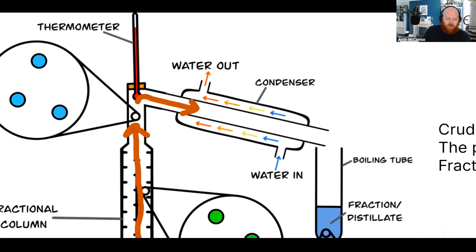And you actually have to draw an arrow going in at the bottom and say water in, and you have to draw an arrow going out the top and say water out through the top. And this is because with this condenser, the water actually swirls around the outside and then leaves.